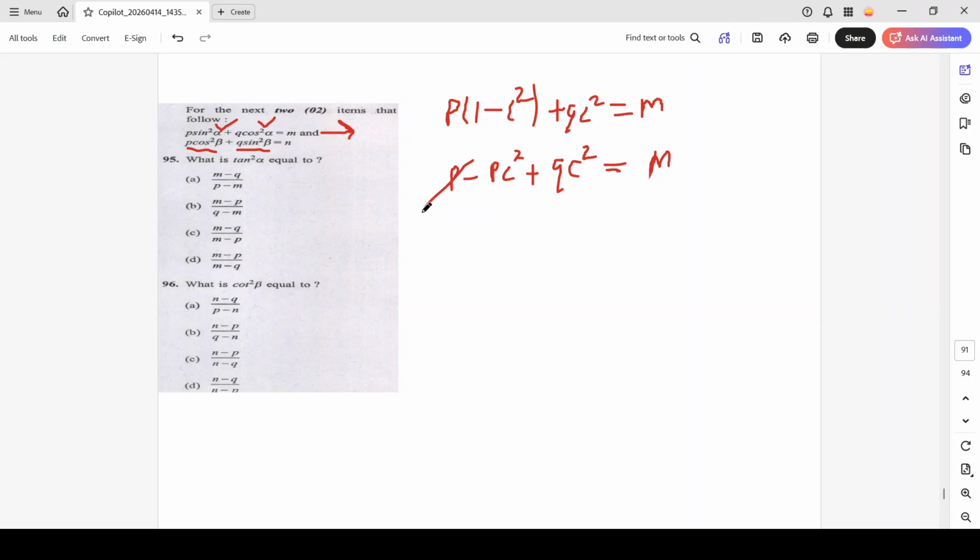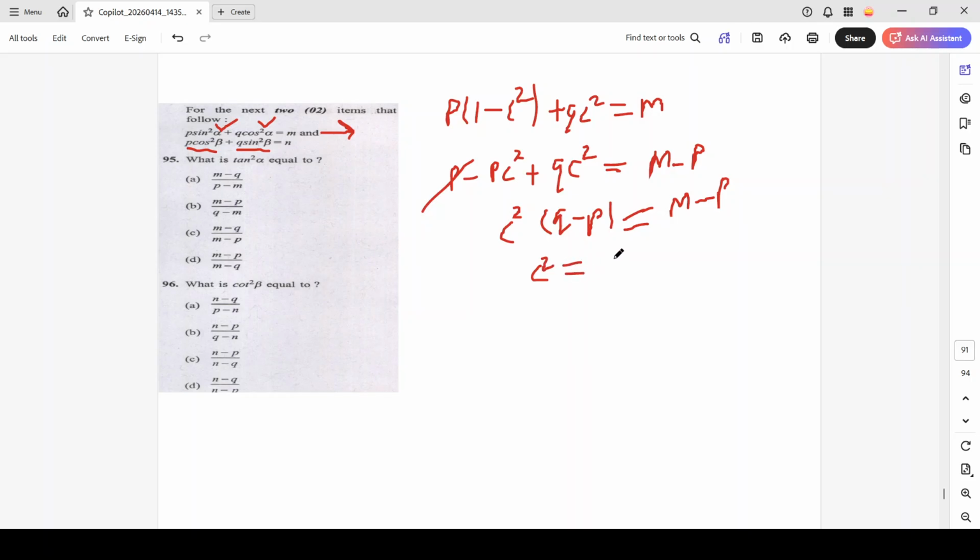Cancel out P here, putting it on the other side, M minus P. Now taking C square as common, Q minus P is equal to M minus P. So what is C square?